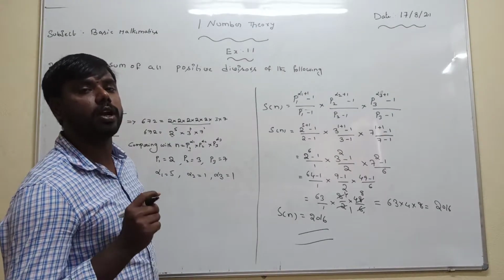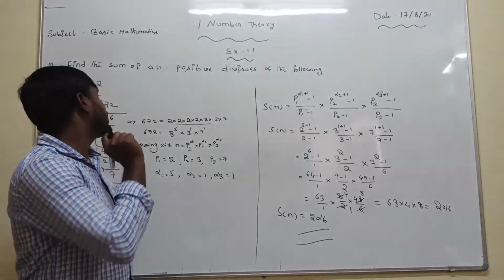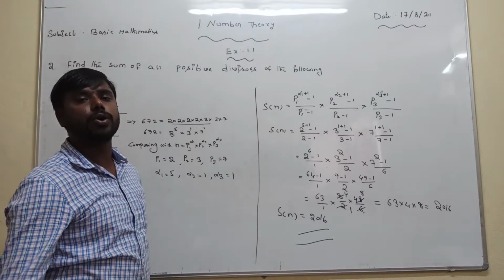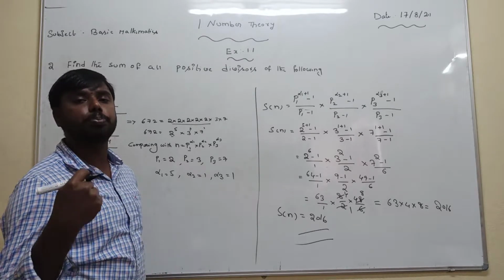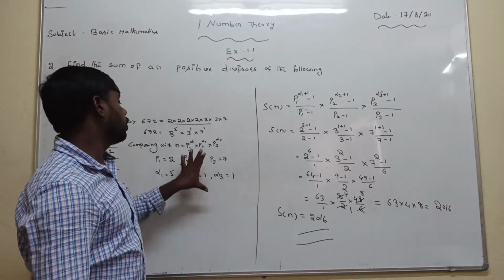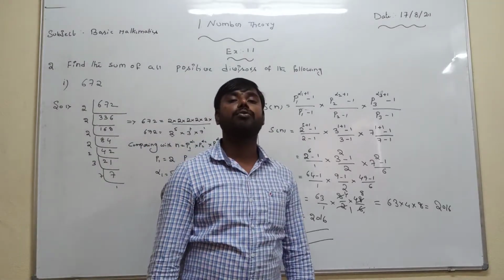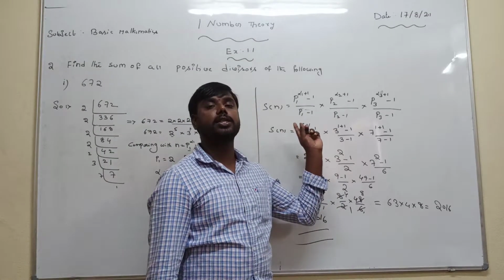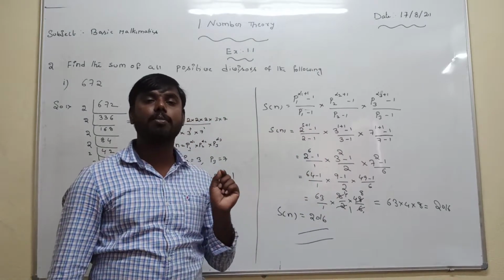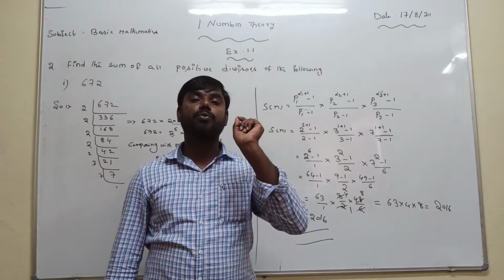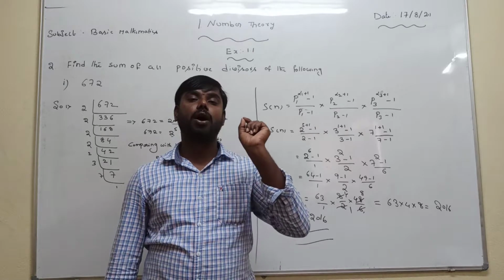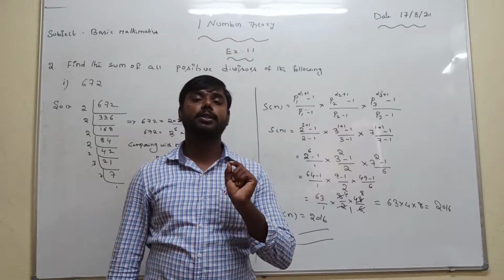So every question is solved like this only. First, express the given number as a product of prime numbers. Afterwards, write down the P1 value, P2 value, P3 value and alpha 1 value, alpha 2 value, alpha 3 value. Substitute those values in the sum of all positive divisors formula: S of n is equal to (P1 power of alpha 1 plus 1, minus 1) divided by (P1 minus 1), into (P2 power of alpha 2 plus 1, minus 1) by (P2 minus 1), into (P3 power of alpha 3 plus 1, minus 1) by (P3 minus 1).